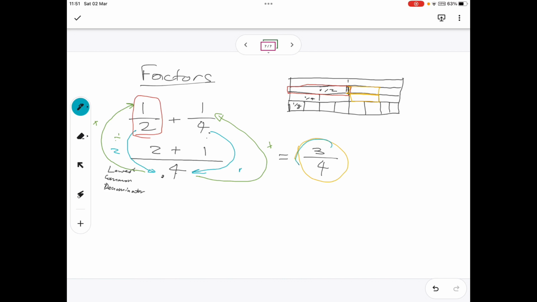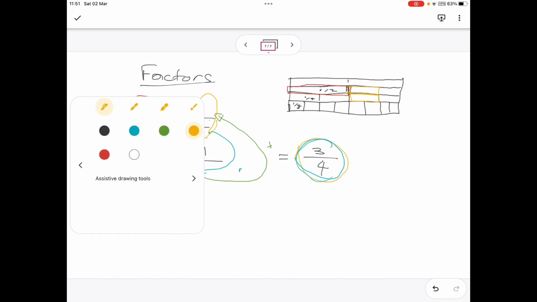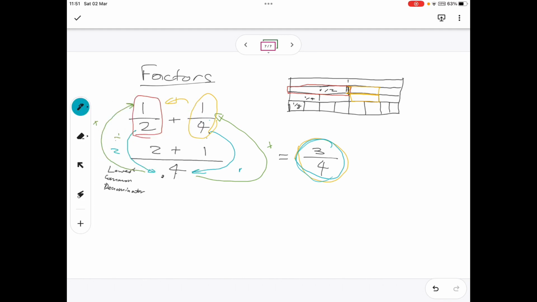You see now we do get 3/4. So when we add a quarter to a half, we end up with 3/4.